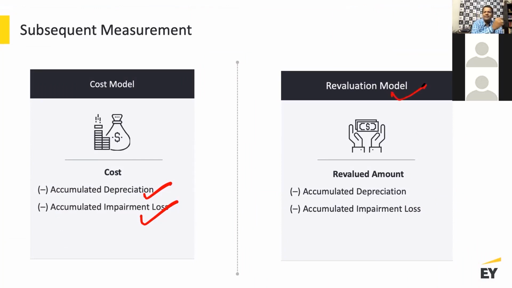Now, when I'm looking at a revaluation model, I have a revalued amount, which is the fair value when I'm doing the revaluation. And then again, I have the accumulated depreciation and the accumulated impairment loss. The fundamental thing you need to remember here is that, first of all, the revaluation model is very rare. We don't see that in practice.